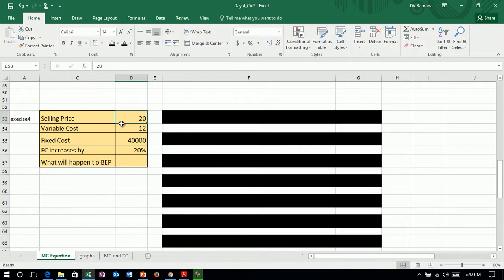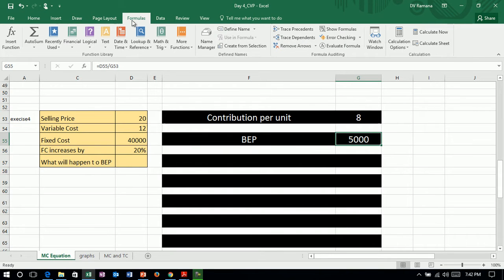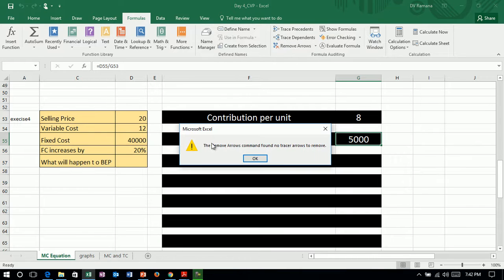So selling price is 20 and variable cost is 12, so therefore our contribution is 8, and we know that the present break-even point, which is fixed cost by contribution per unit, is equal to 5,000 units.